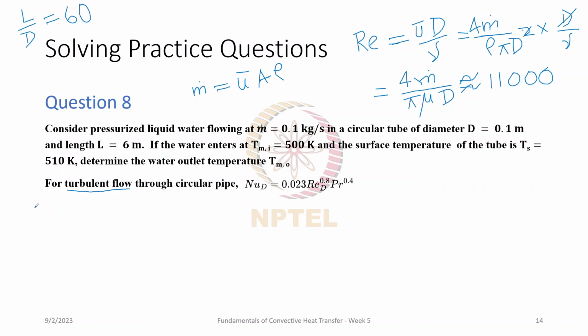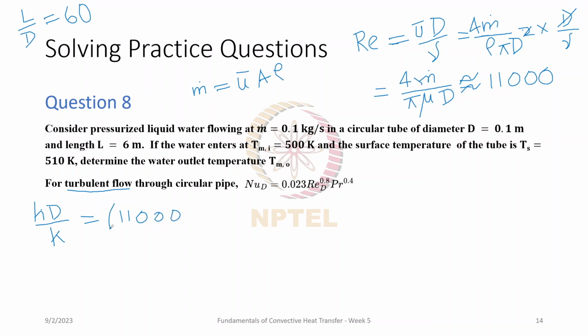The Nu d is actually h d by k. So h d by k is this Reynolds number, whatever we find out, something around 11,000.